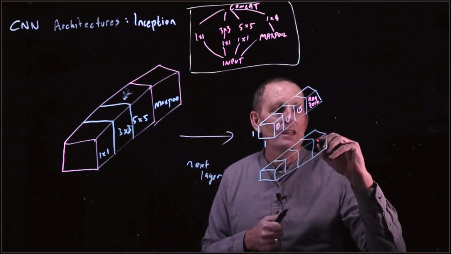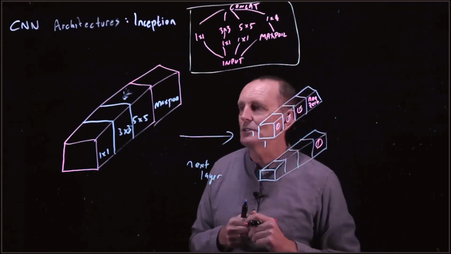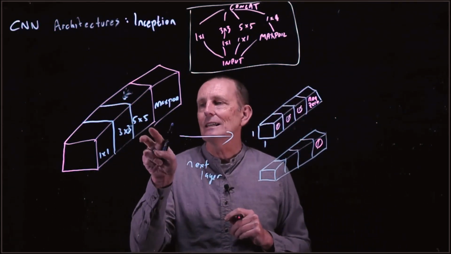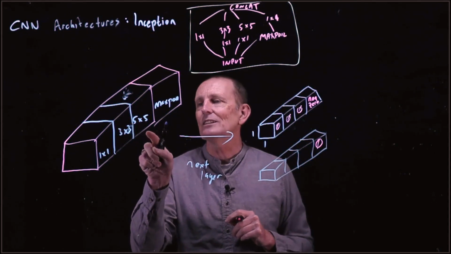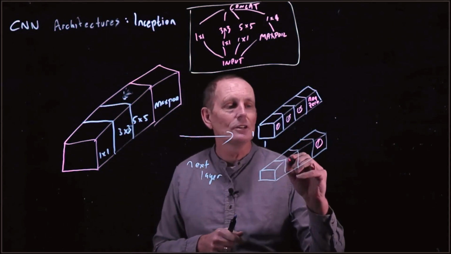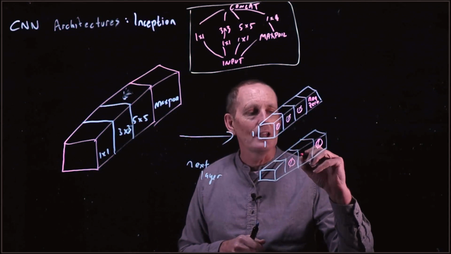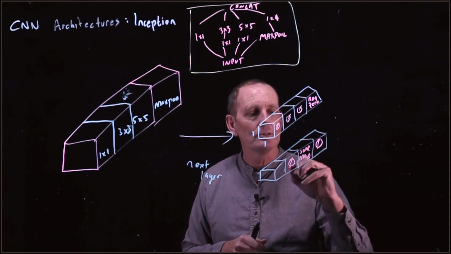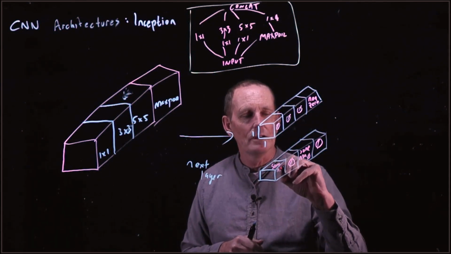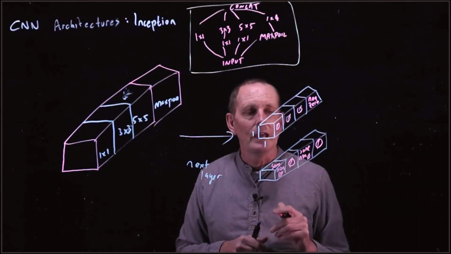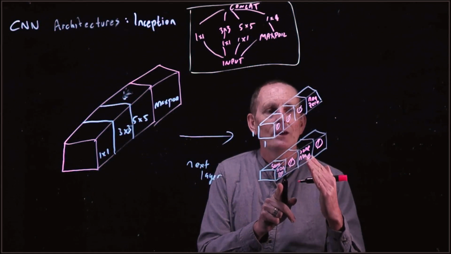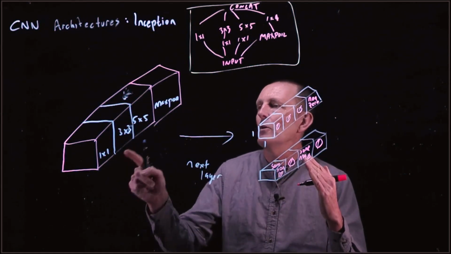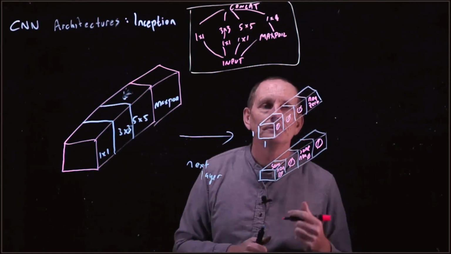So it's going to set the max pool to 0. It might say, I actually like a combination of some of these 5x5s and some of these 1x1s. So I'll make these 0, and I'll make some of these some 0 and some non-zero. So it will be taking a weighting of some of these 1x1s and some of these 5x5s.